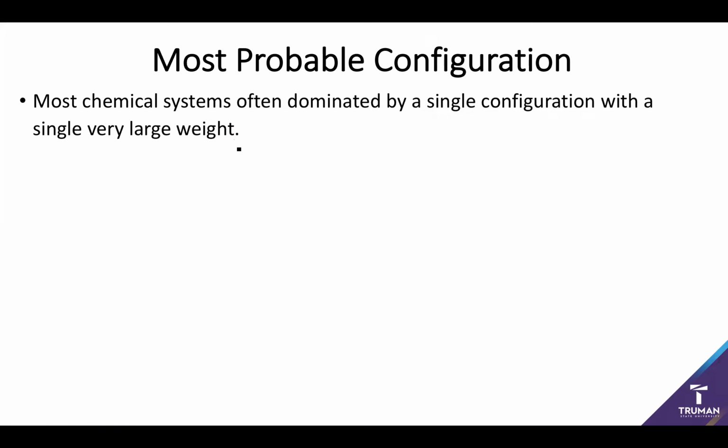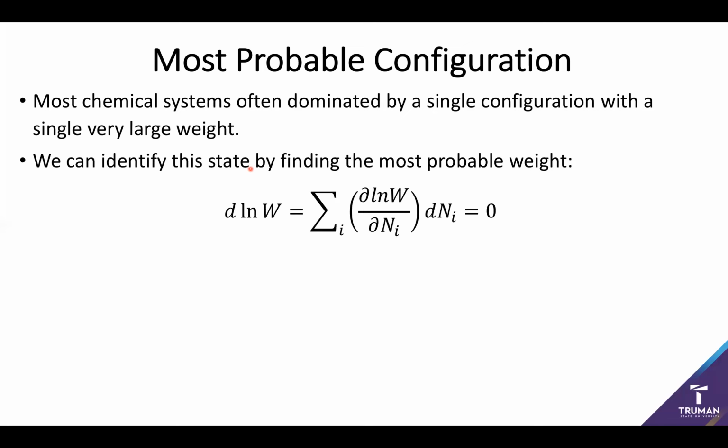So, what we can do is start by thinking about how you try and determine the most probable anything. So, if I'm looking for the most probable configuration, it should have the highest weight or the most probable weight, which can always be determined by just taking the derivative of our weight, or in this case, the natural log of our weight, because both of these should be equal to 0 when we're at the most probable state.